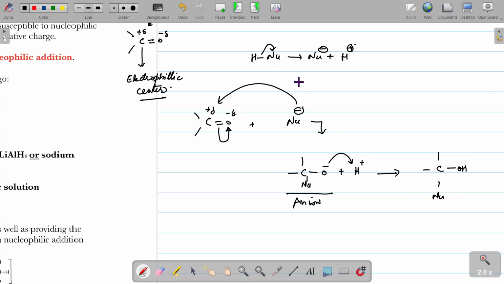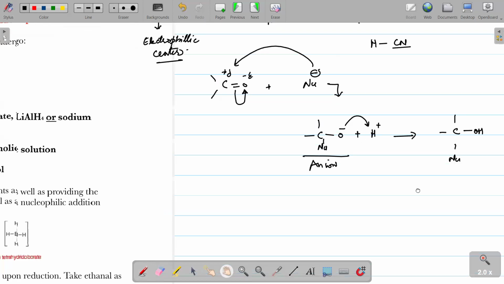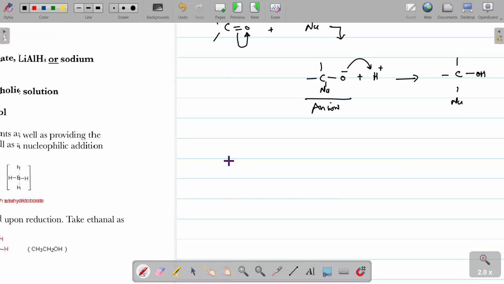For example, let's take a particular example. If I take HCN as an example, hydrogen cyanide, CN will behave as a nucleophile. So what product will we get? Let's see, if we have an aldehyde or ketone, right?